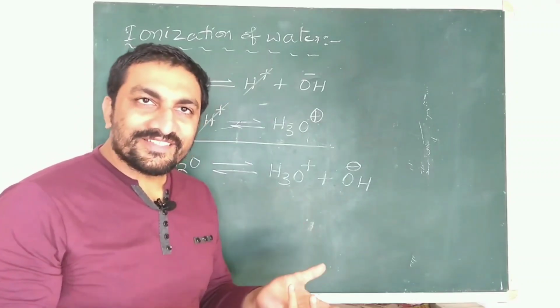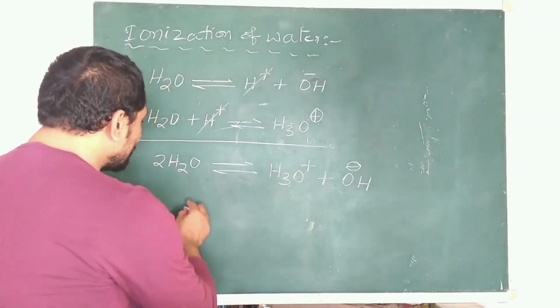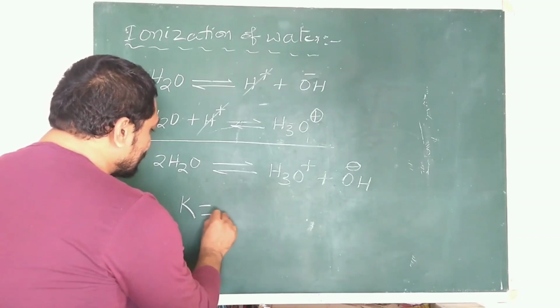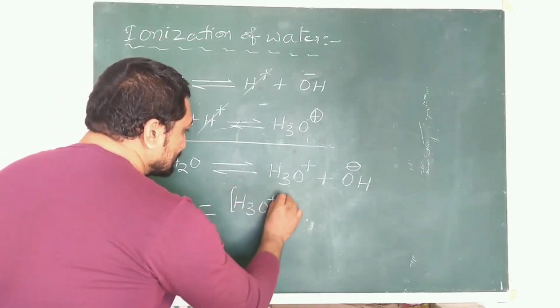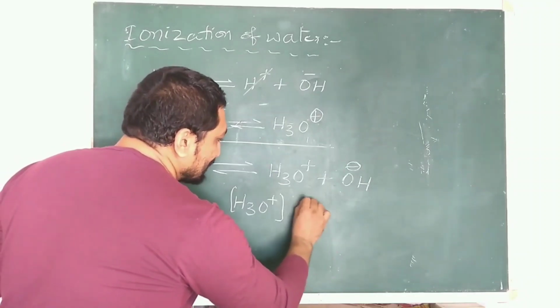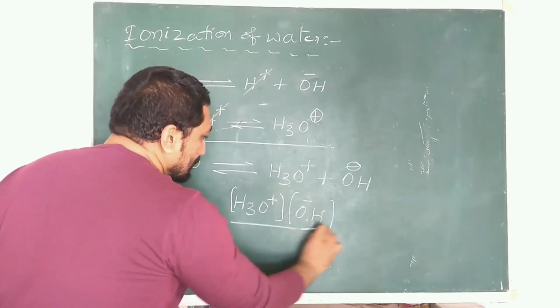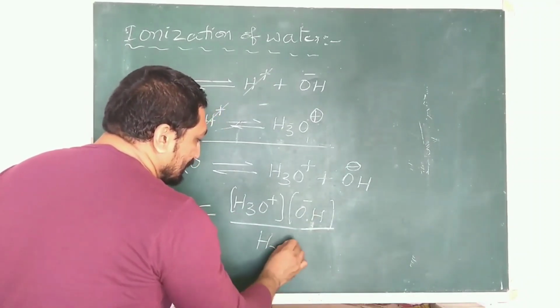Now we can apply the equilibrium constant to this. K equal to H3O plus concentration and OH minus concentration upon H2O concentration square.